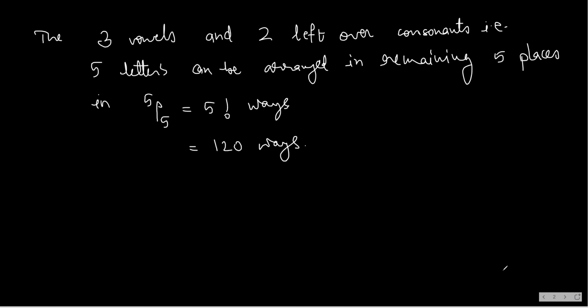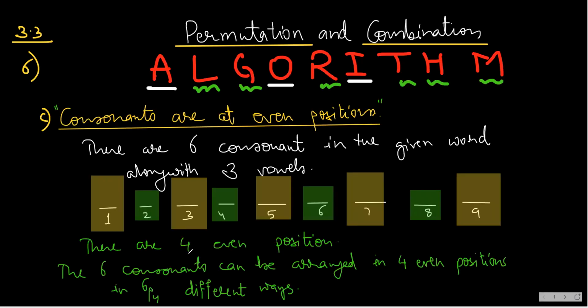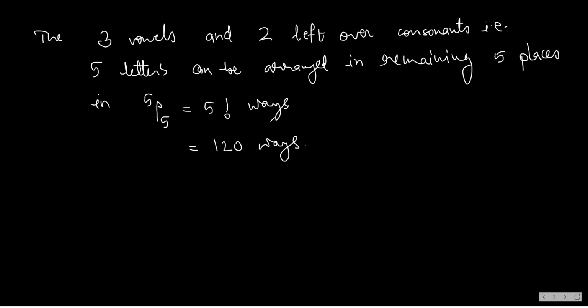Okay, 5 factorial is 120 ways. So what will be the total number of arrangements, students? See, 6p4 and 5 factorial, that is 120 ways.